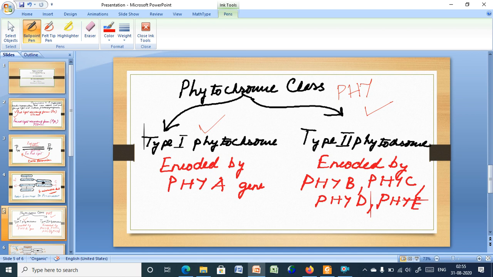Now, the PHYA gene and its product, that is the type 1 phytochrome, is abundant in etiolated tissues. Etiolated means dark grown, like etiolated seedlings.